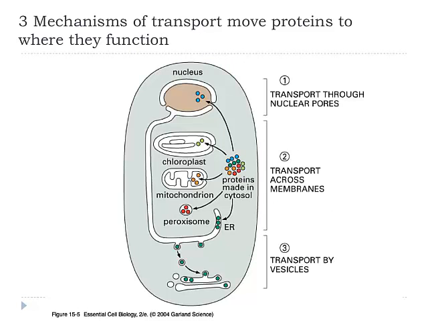But as I mentioned, there are three major ways. So other than across membranes, such as the ER, proteins that are made in the cytosol can cross the mitochondria, or even in plant cells, the chloroplast, which is analogous to the mitochondrion. But also, for proteins that get into the lumen of the ER, whether they're transmembrane proteins destined for the plasma membrane, or whether they're lysosomal proteins that have to get into that compartment, they're going to be moved around by transport vesicles.